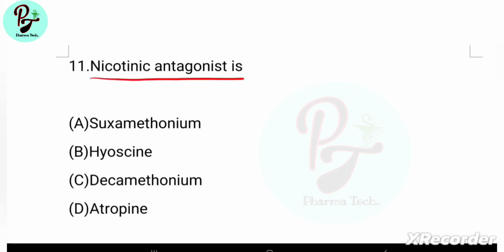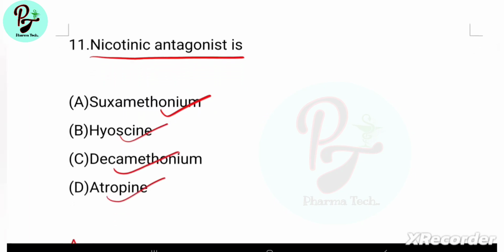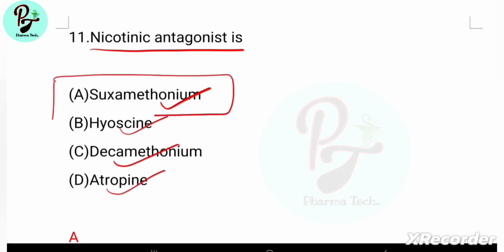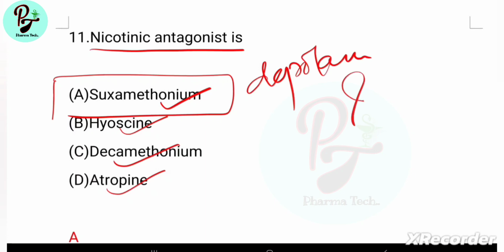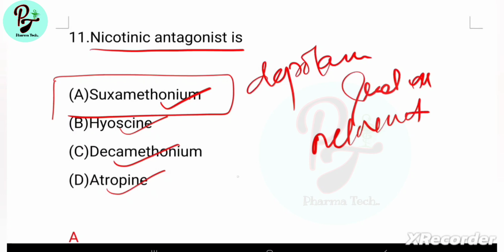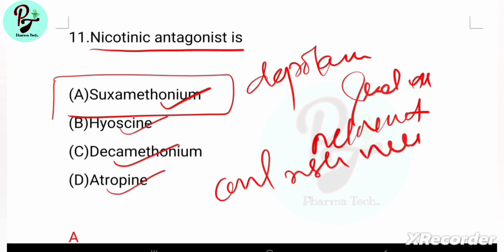Nicotinic antagonist is, options are suxamethonium, hyoscine, decamethonium, atropine. Answer is A, suxamethonium. Suxamethonium, or succinylcholine, is a depolarizing skeletal muscle relaxant used for skeletal muscle relaxation during surgical procedures.